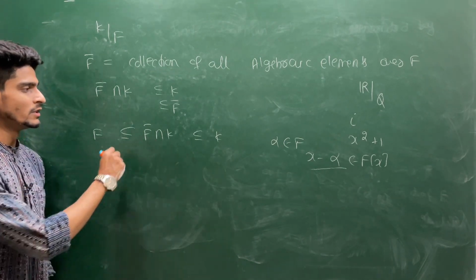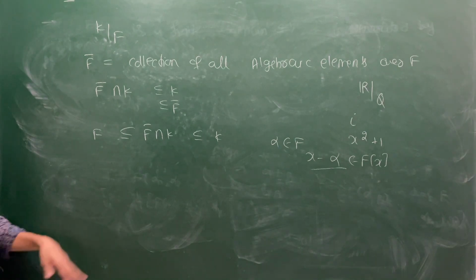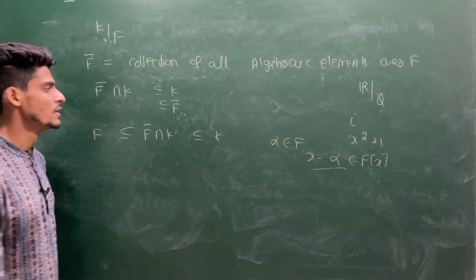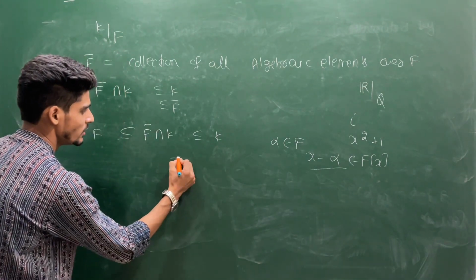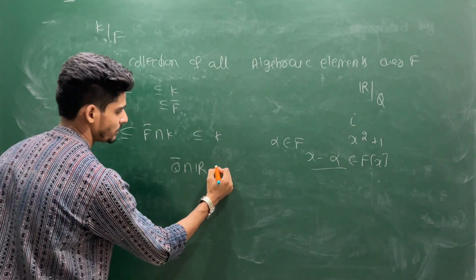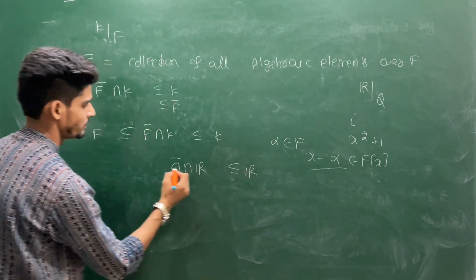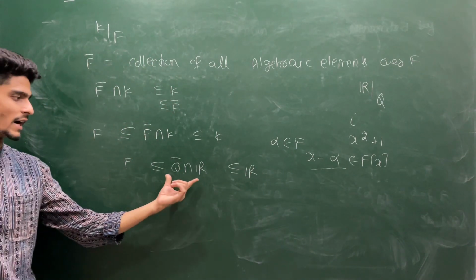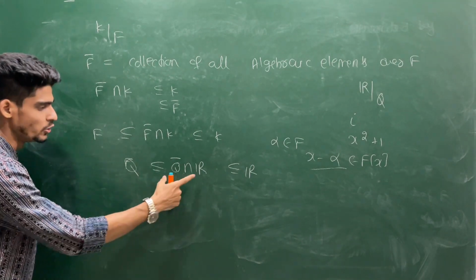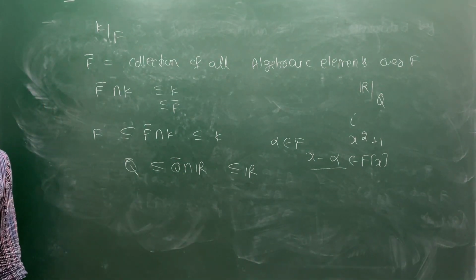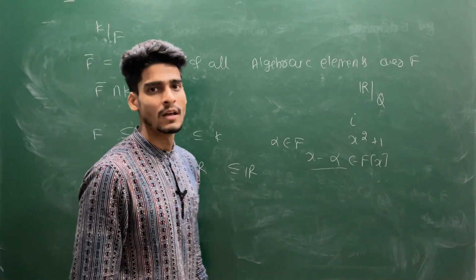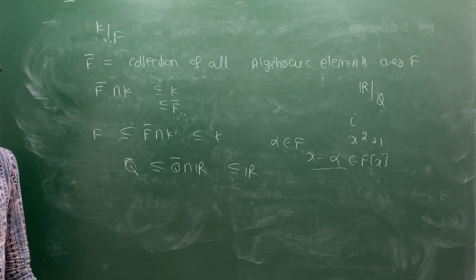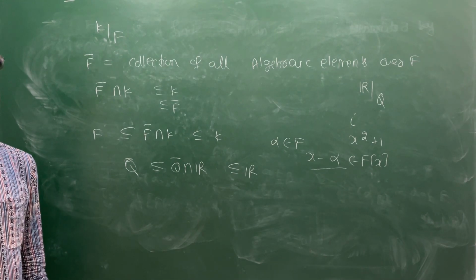What can you say about the cardinality of this? In general, we cannot predict the cardinality, but for particular cases we can. Suppose I am asking for Q bar intersection R. This is contained in R, and this contains Q. You can predict the cardinality of this. We saw in real analysis that the collection of all algebraic elements over Q is a countable set, if you remember.